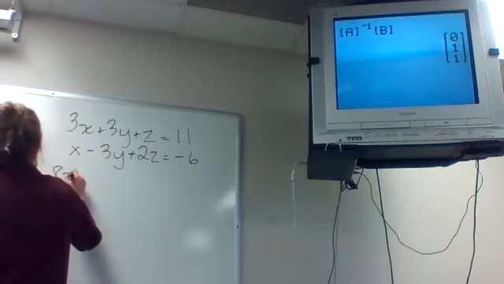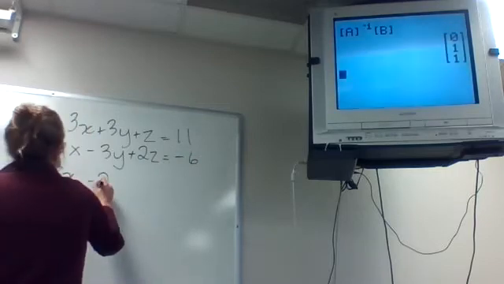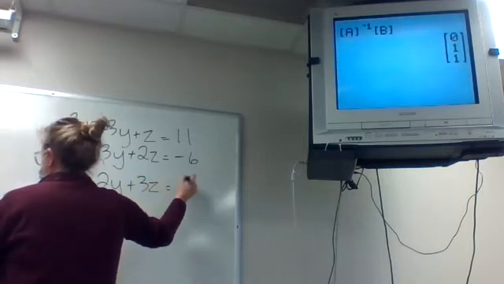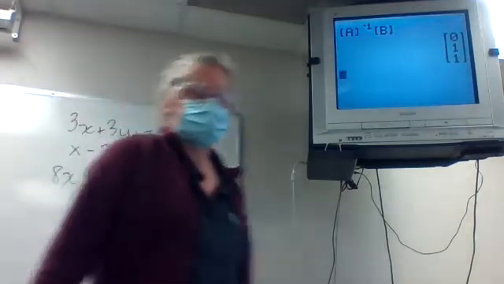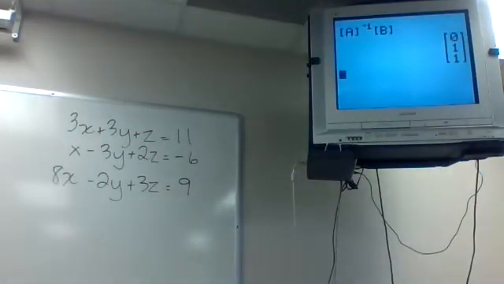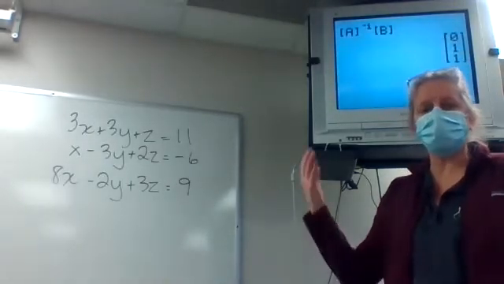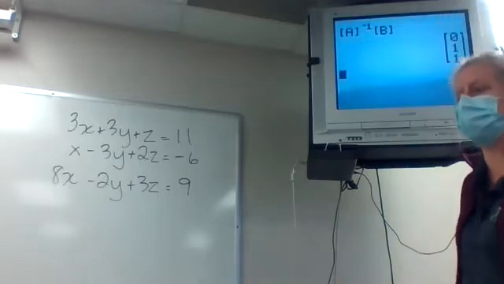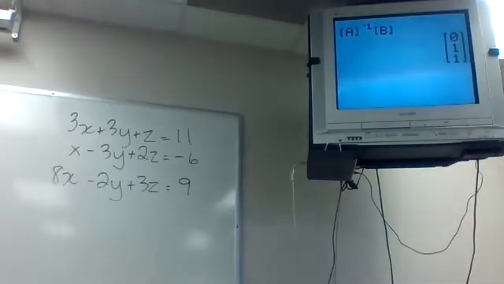And 8x minus 2y plus 3z equals 9. Now the most common mistakes on these are just entering the right numbers. If you don't get a good whole number answer for your x, y, and z, go back to the edit functions and make sure you typed everything in right.